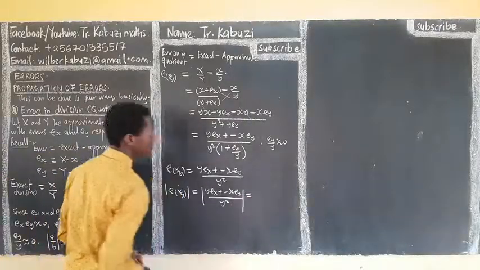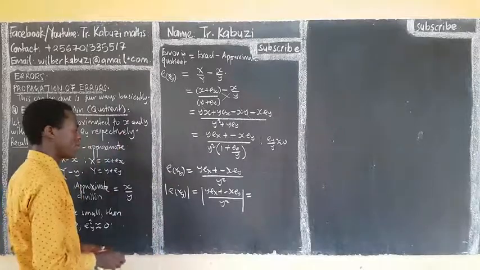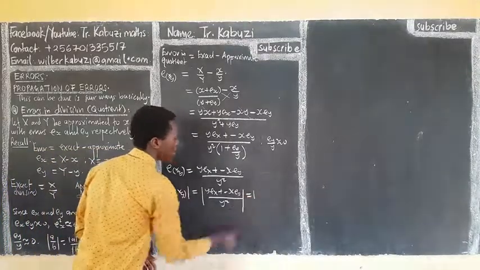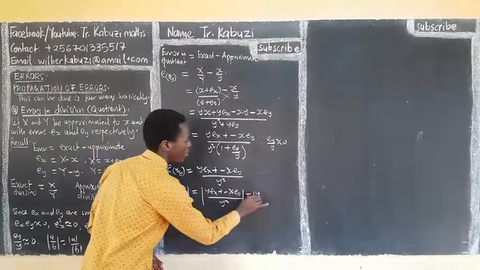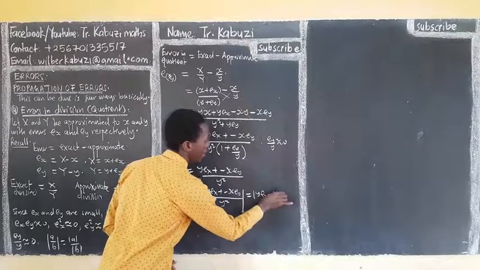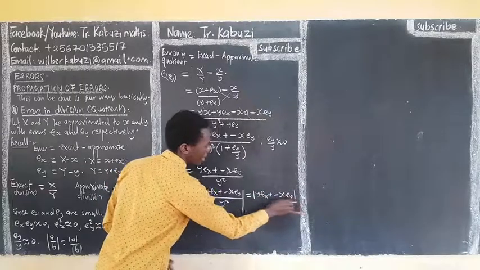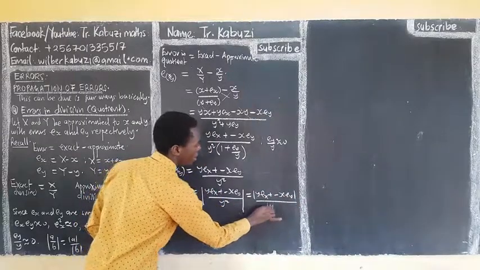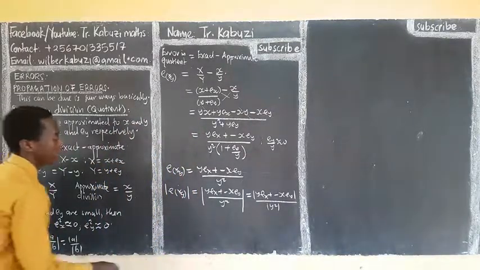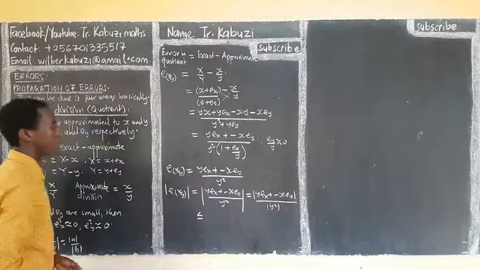Now, look at this step. I'm not doing anything, I'm just separating the modulus. This is the same as modulus of y ex plus negative x ey, then over modulus of y squared. So from there, I'm introducing the less or equal to.